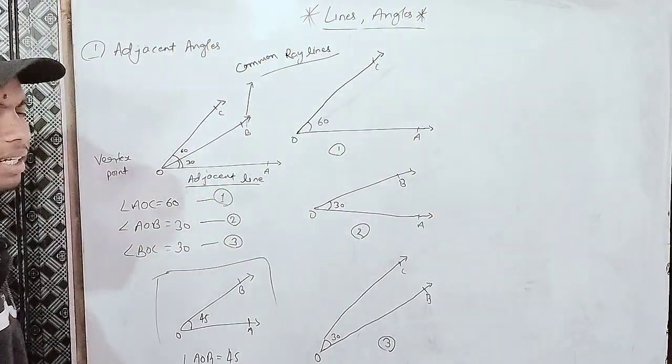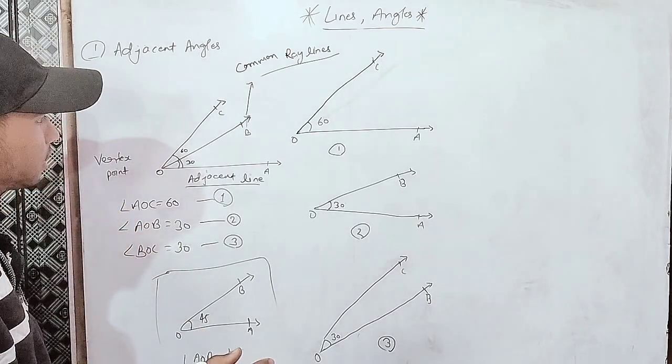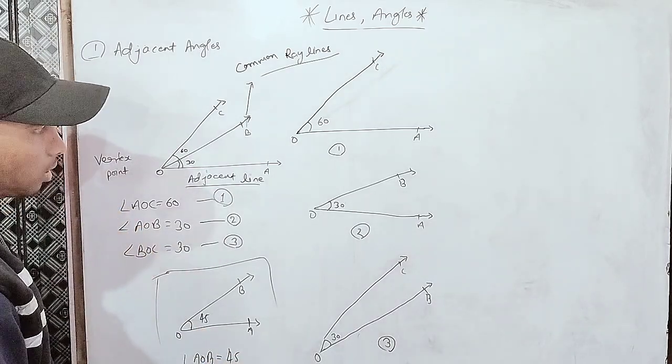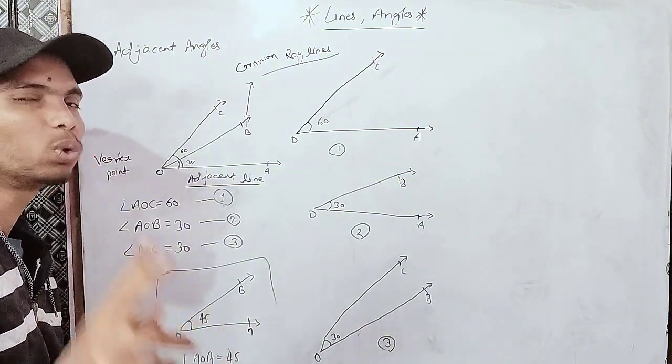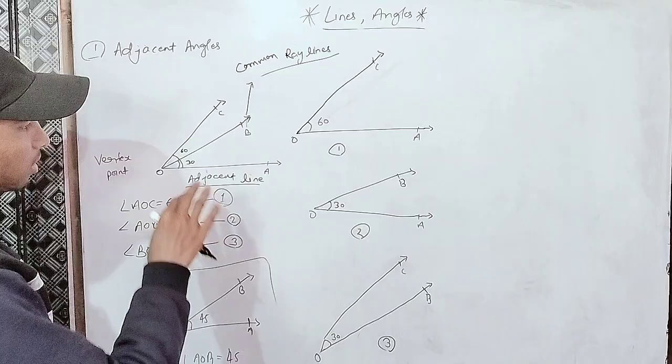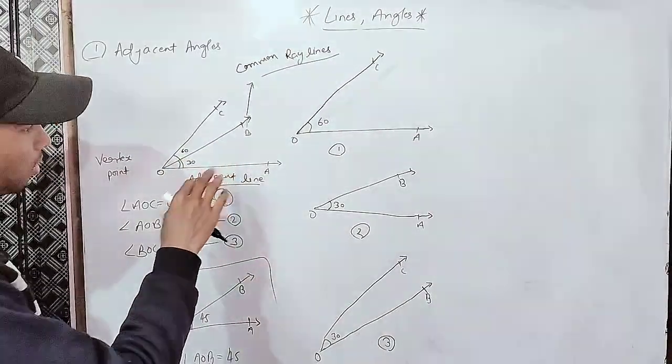Here we notice that in each case we are getting two lines. Here also, here also, here also.